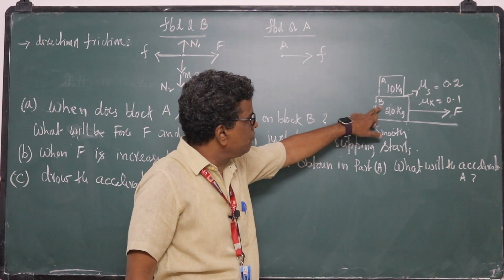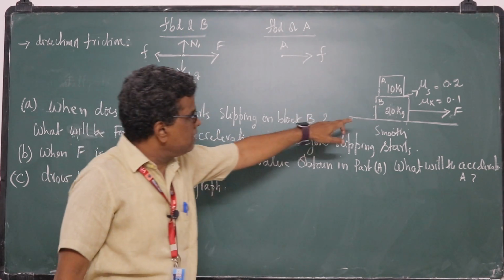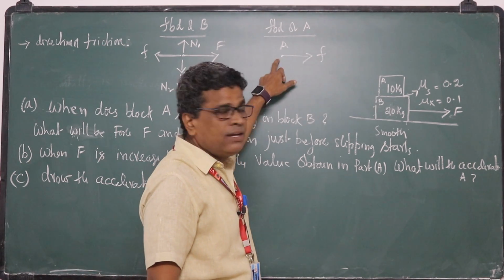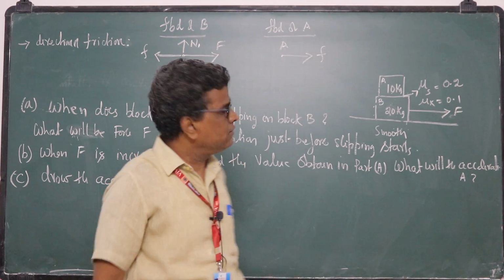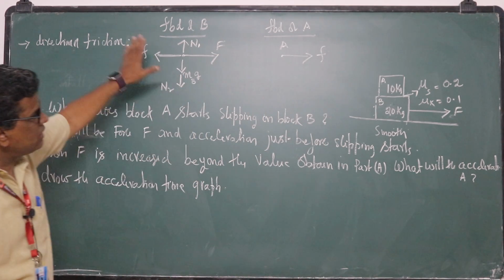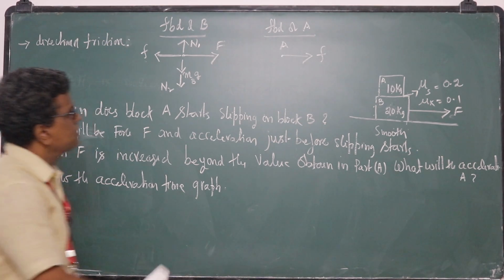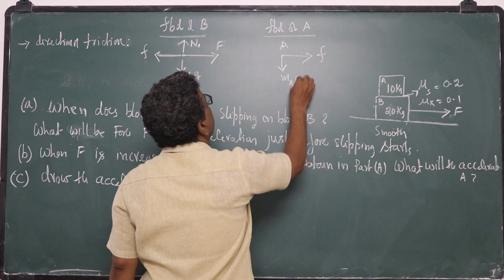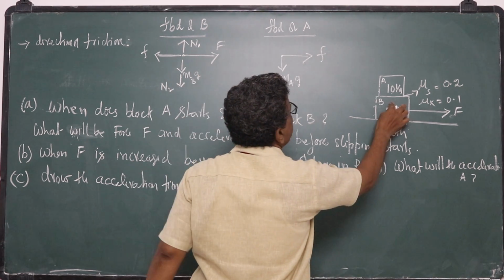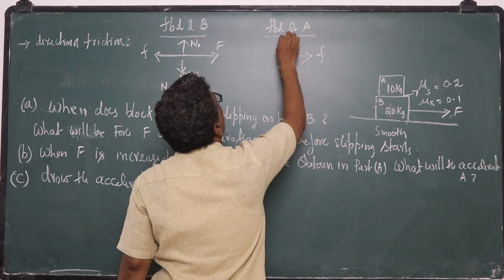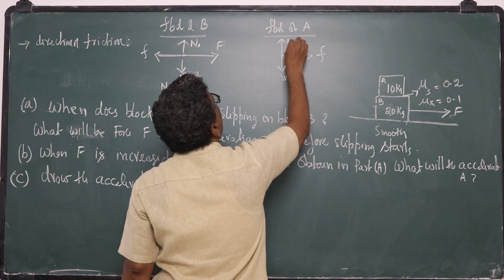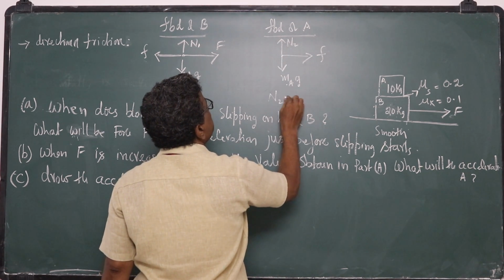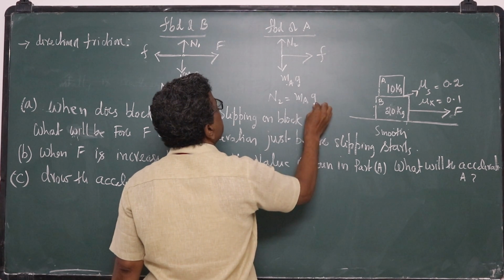The frictional force on B acts towards the left side, and the same frictional force acts on A towards the right side. So these are the directions of frictional forces. One more force is its weight down, and the force exerted by B on A is the normal reaction, let it be N2. So N2 is equal to MAG.